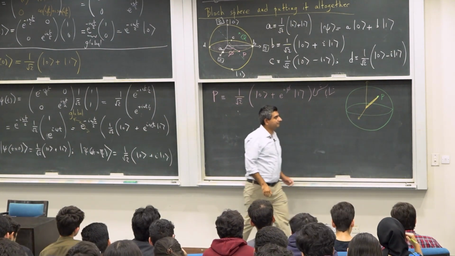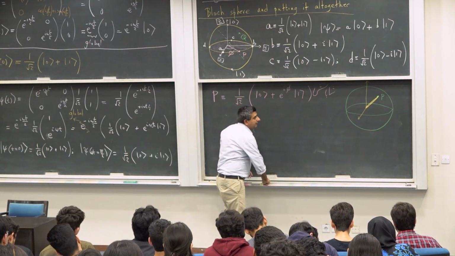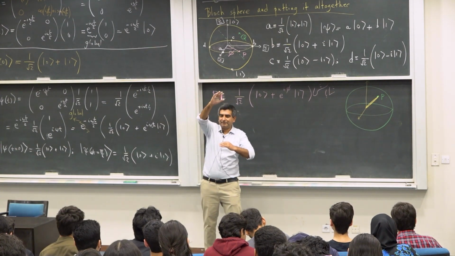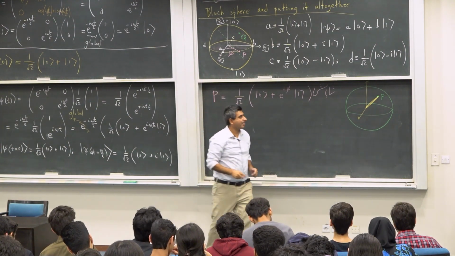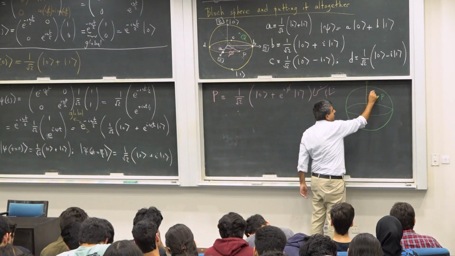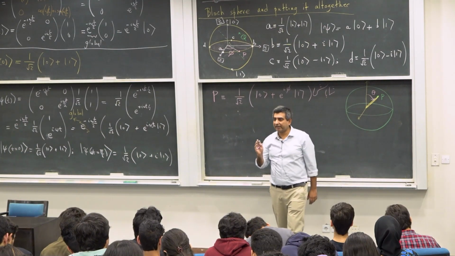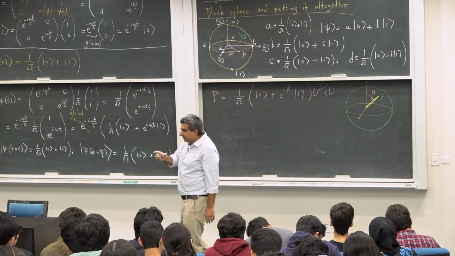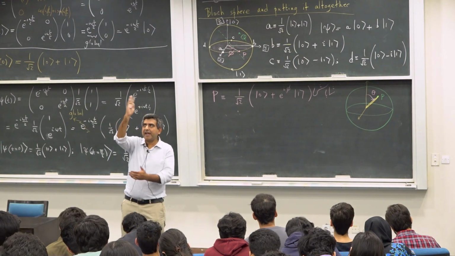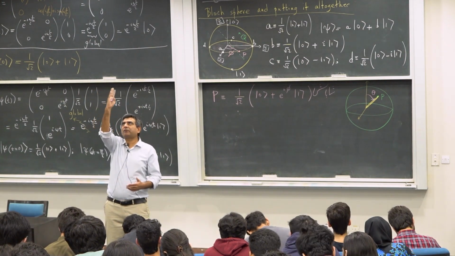This point P makes an angle theta with the North Pole. Suppose this angle is theta. That's very much in line with the nomenclature you generally deal with when you study polar diagrams. So theta is the angle. So you come down from the North Pole.